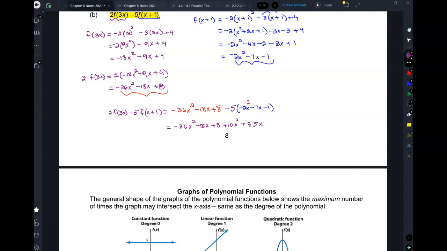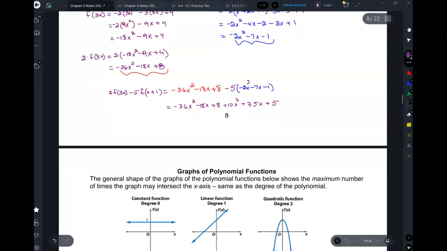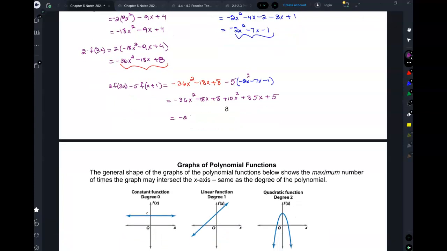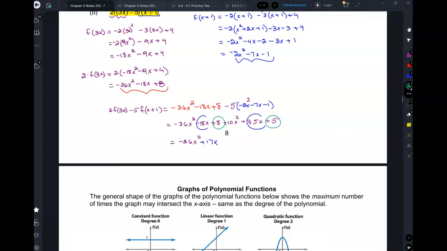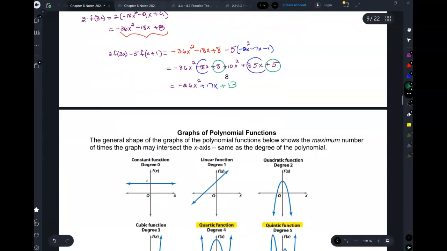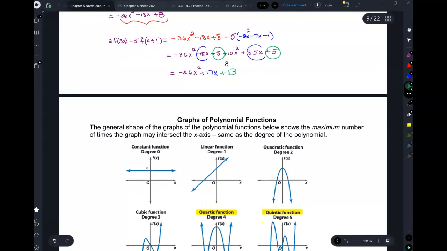Plus 35x plus 5. So this is negative 26x squared. And let's see what we have. Negative 18 plus 35 is plus 17x, plus 8 plus 5 is plus 13, and that's our final answer. Okay? So, again, nothing new here, but just kind of taken up a level.